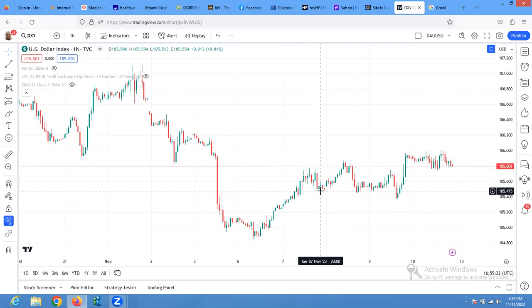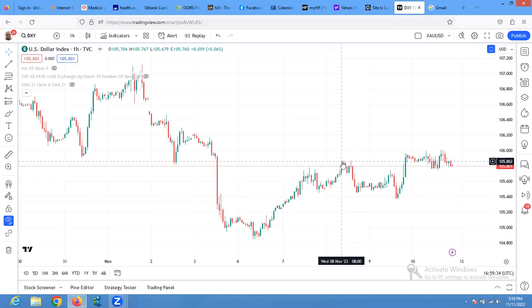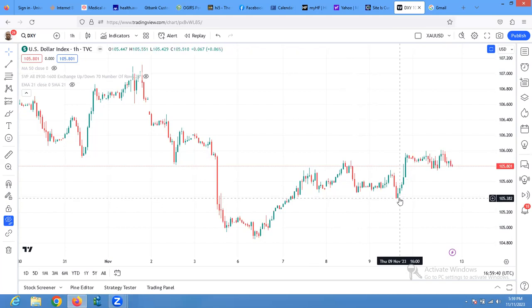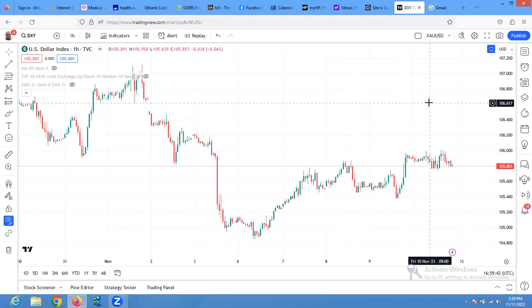Then we have an ABC, or better still, this is like a correction and a 5. Or we can say all of this is an A, and this is a B, and we are going to do a C. So that is the way it is.